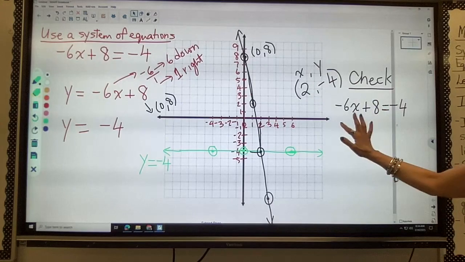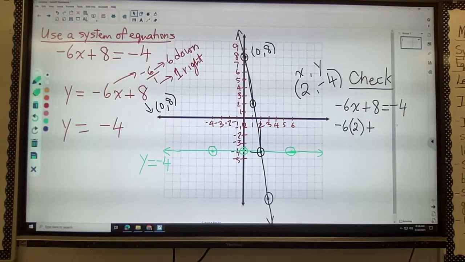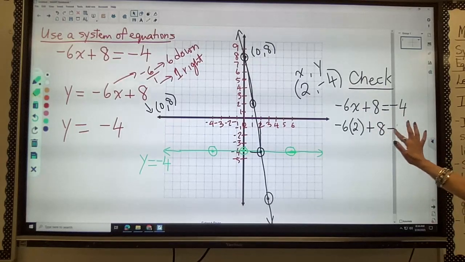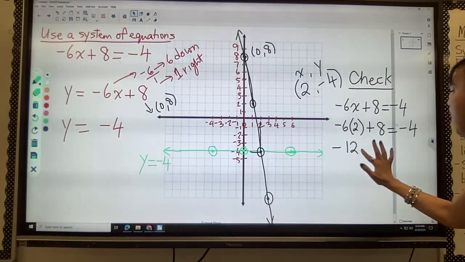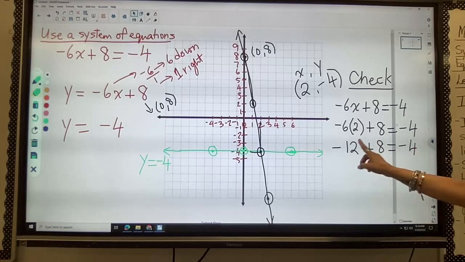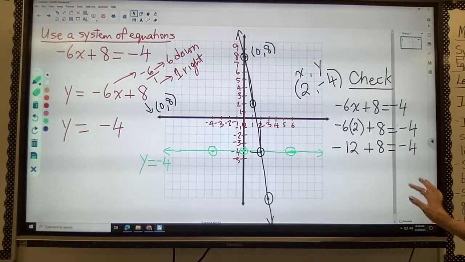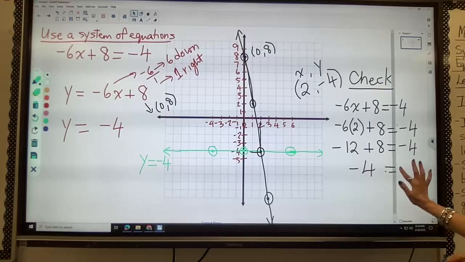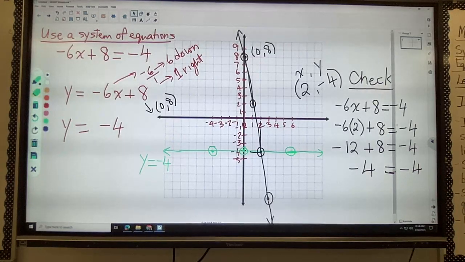So I'm going to say negative 6 times 2 plus 8 should equal negative 4. What is negative 6 times 2? I get negative 12 plus 8 is equal to negative 4. So negative and positive, so I subtract the absolute values and I give the bigger absolute value. This gives me negative 4 is equal to negative 4. Okay, so looking at that, yeah, that's definitely a solution to this.